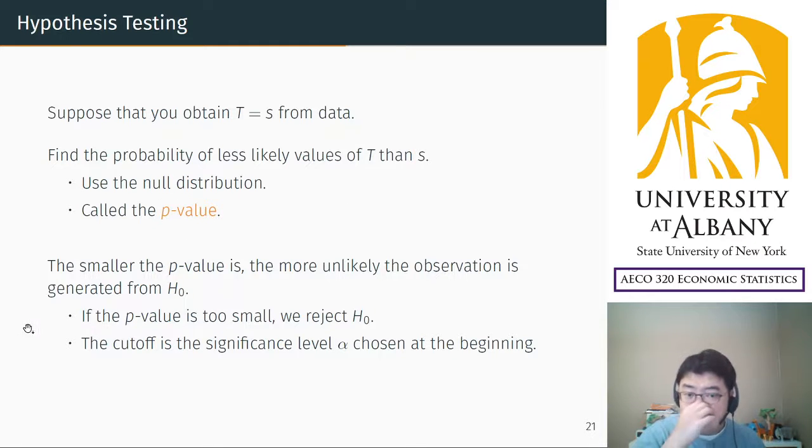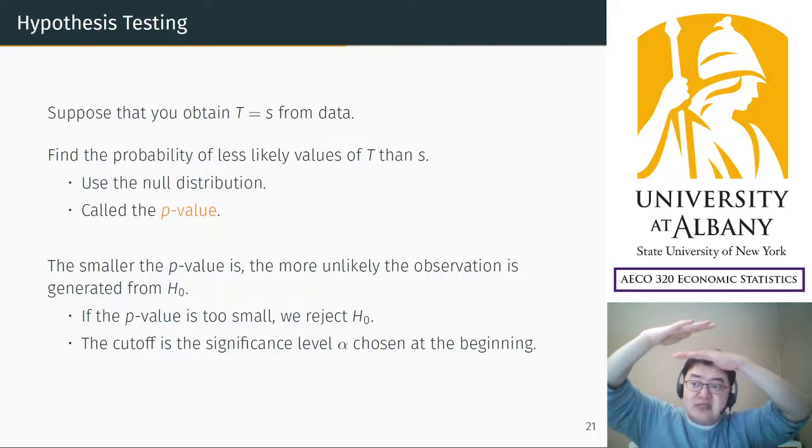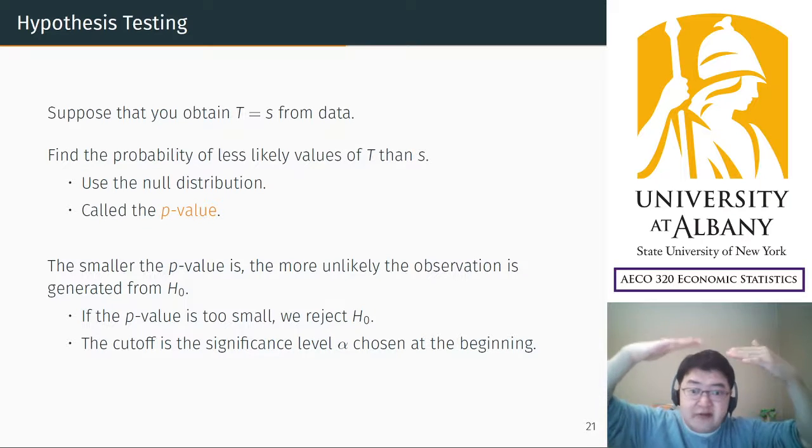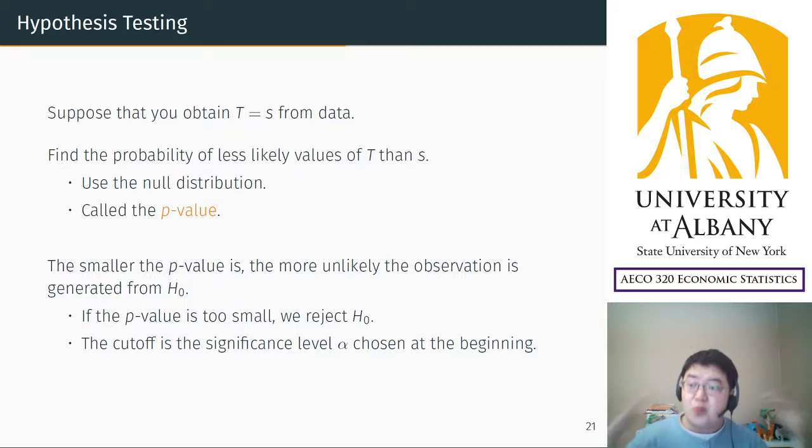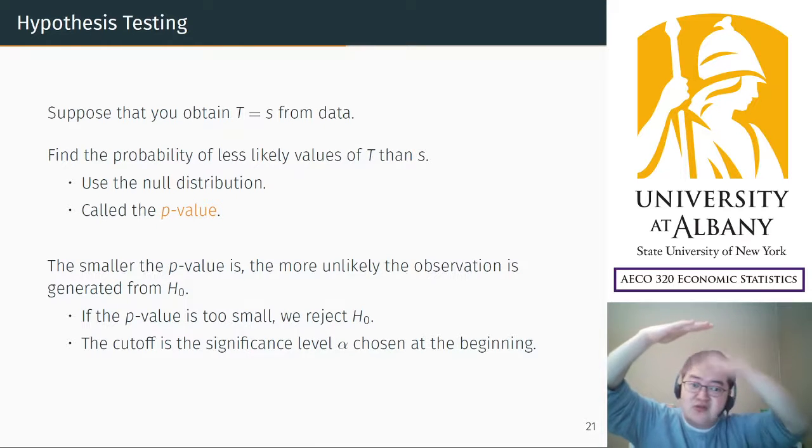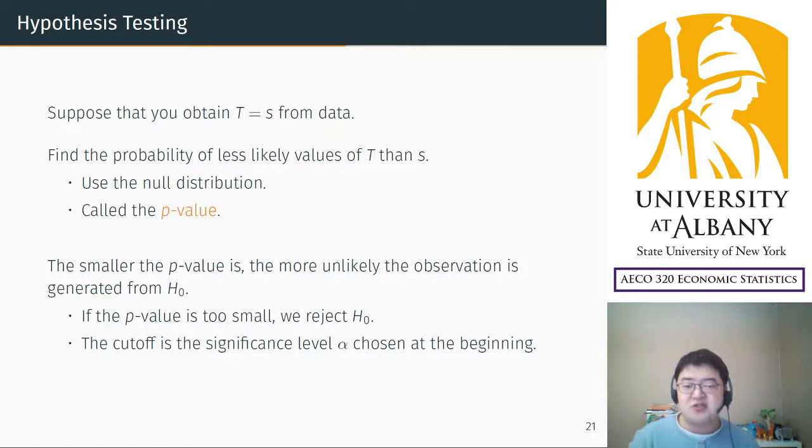If the p-value is small, that means the observation is at the very top, ranked within a very small probability from the top. So very, very suspicious, right? So we have to reject H0 if it's too small. If it's too close to the most suspicious case, then you have to reject H0.